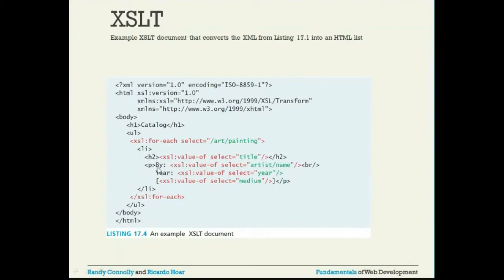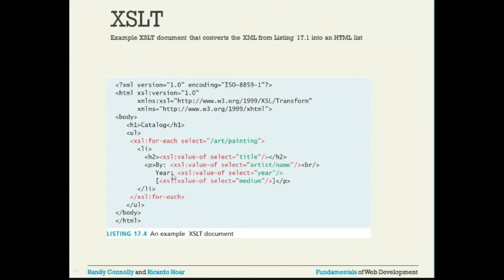Then the next paragraph, by, we have the value of select artist/name. Artist forward slash name, because inside the painting we have artist, and inside the artist we have the name. So that is how to get that particular element value. After that there is a break.